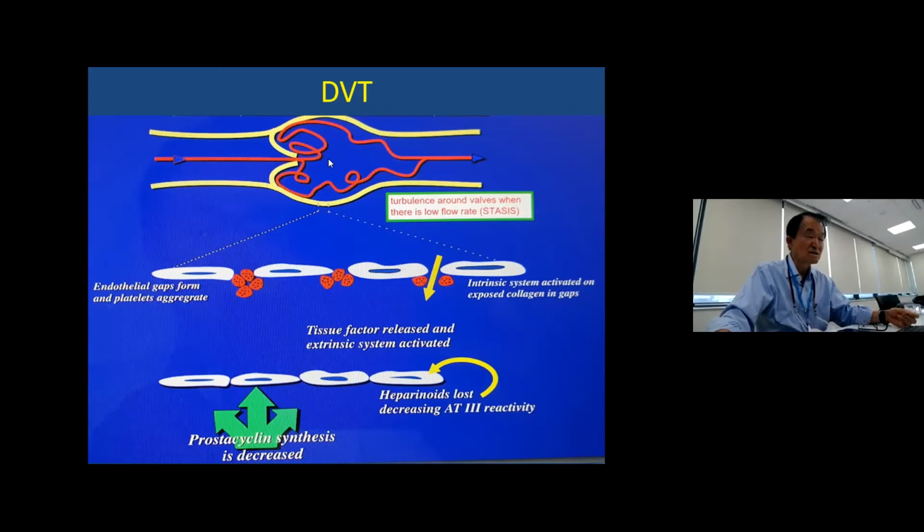If the flow is fast, it goes up quickly. But if slow, then it stagnates here. That can cause a blood clot. As I mentioned, stasis is a major factor of Virchow's triad. And certainly intrinsic factor and extrinsic tissue factor together will make a blood clot. Certainly prostacyclin synthesis is decreased in those processes.